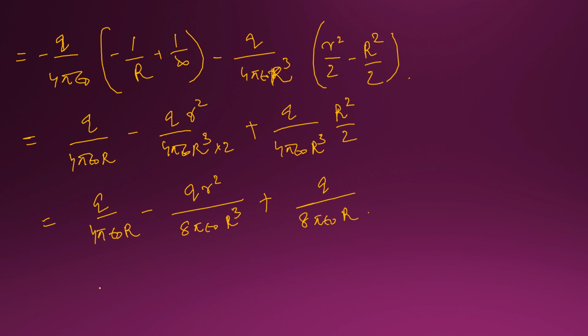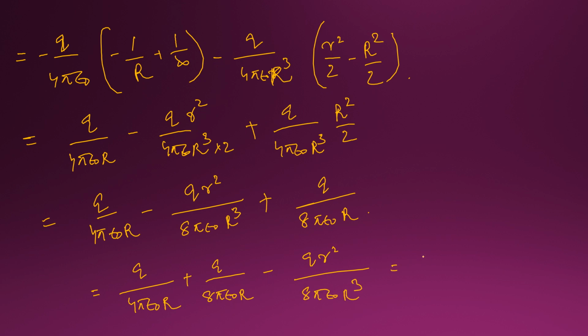Yeah, I can add these two. So that will be q by 4 pi epsilon naught r, q by 8 pi epsilon naught r, q r square by 8 pi epsilon naught r cube, giving 3q by 8 pi epsilon naught r minus q r square by 8 pi epsilon naught r cube.